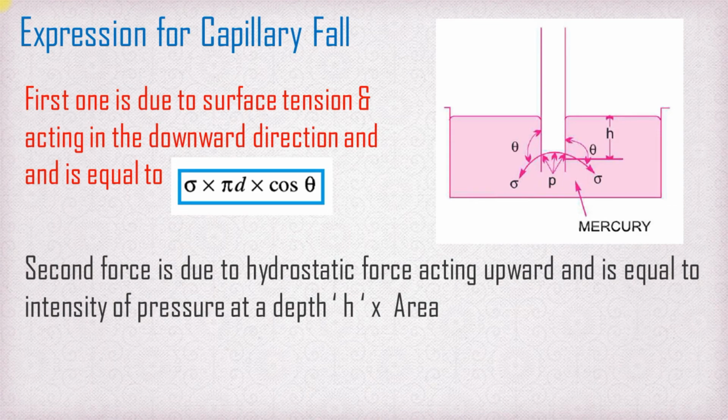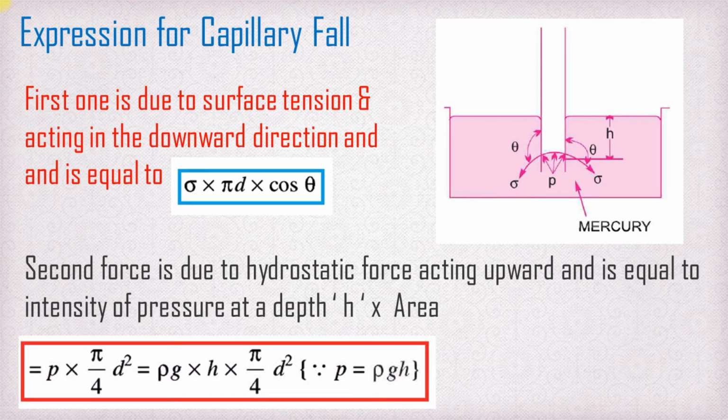And the second force is the hydrostatic force acting upward, and it is equal to the intensity of pressure at a depth h times the area a. So here we compare the surface tension force with the pressure force. P into pi by 4 d square, but according to the hydrostatic law, P equals rho gh.